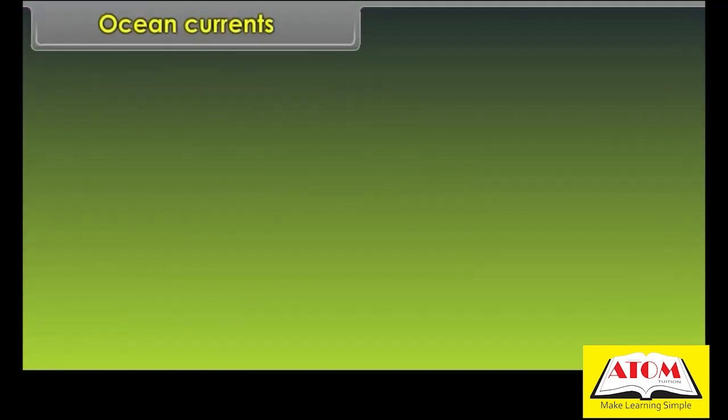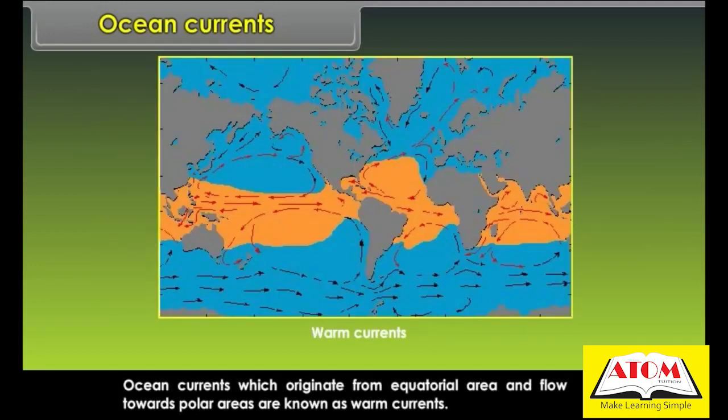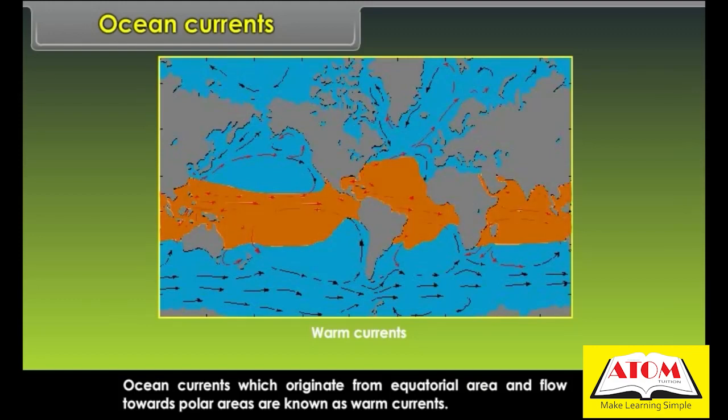Ocean currents. The ocean currents are a horizontal movement of a mass of water in a fairly defined or constant direction over great distance. They are like streams of water flowing in the oceans in a regular pattern. Ocean currents which originate from equatorial area and flow towards polar areas are known as warm currents.